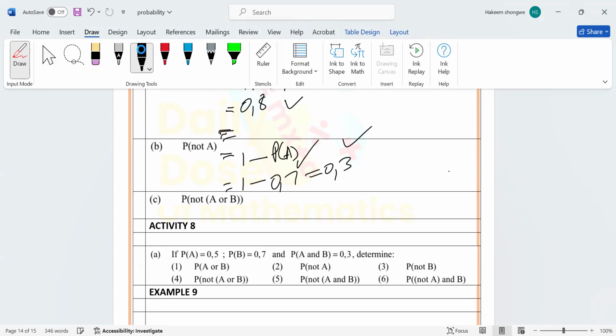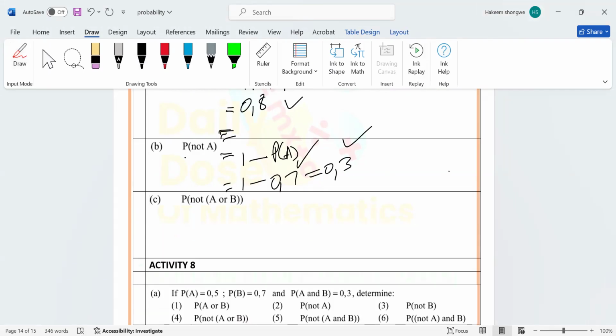Okay, next, they say we want the probability of not A or B. We don't want A or B. What will you say with this one? We can use the same principle that we've used above. With the probability of A or B and the probability of not A or B, they're going to give us what? 1.